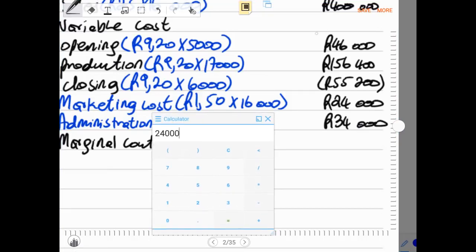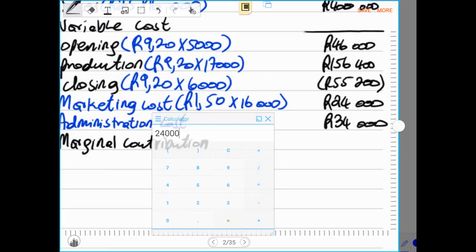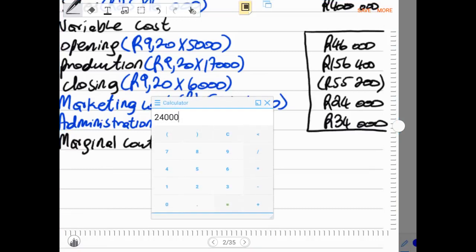Then after, we calculate the total variable cost. Our total variable cost will be opening of 46,000 plus production of 156,400 minus 55,200 plus 24,000 rands plus 34,000 rands.